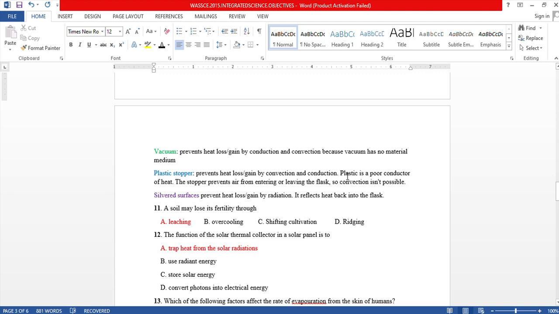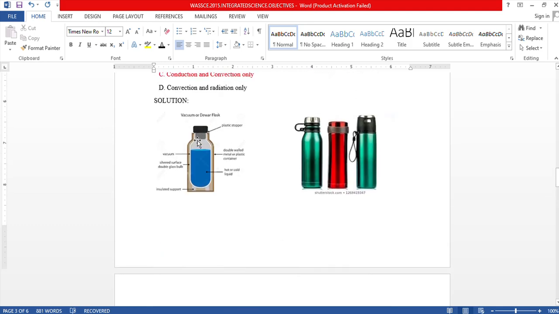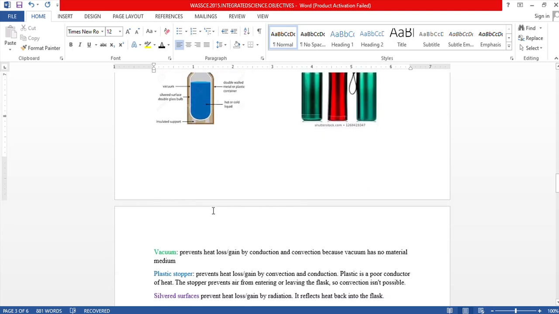And also because you use a plastic stopper to prevent air from moving out, you're also going to prevent heat loss or gain by convection, so that you don't have the heat moving out, or cold air entering in to make it cooler. Take note that this can also be used to keep cold liquids cold. So it will also do that using the same principles that we have discussed.